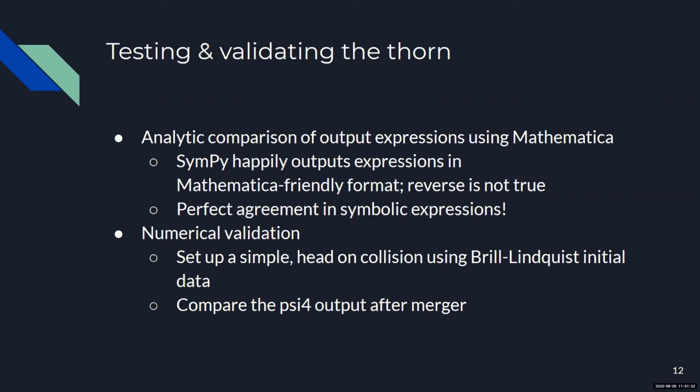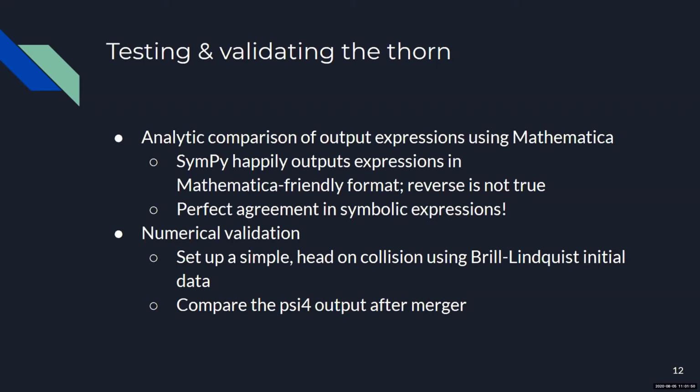So we put both sets of expressions into the same Mathematica notebook, obviously changing names so that there wasn't an unfortunate collision. And we subtracted the two, simplified the result, and found that we had perfect agreement with a nice output of 0 in the difference in the symbolic expressions.